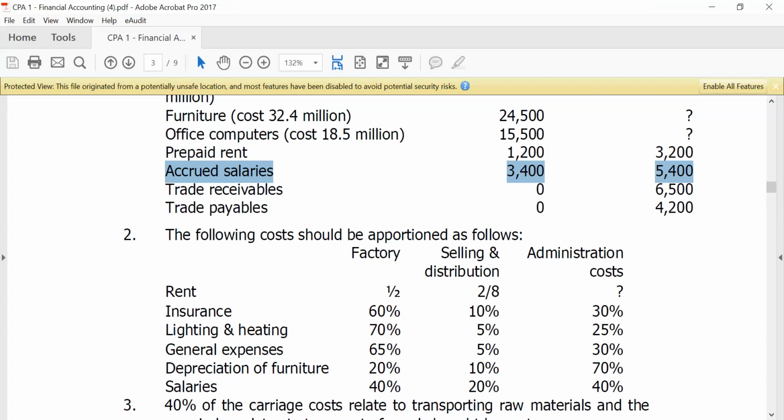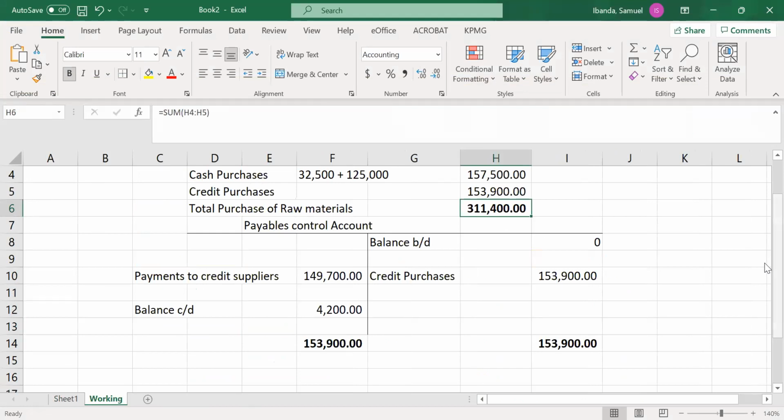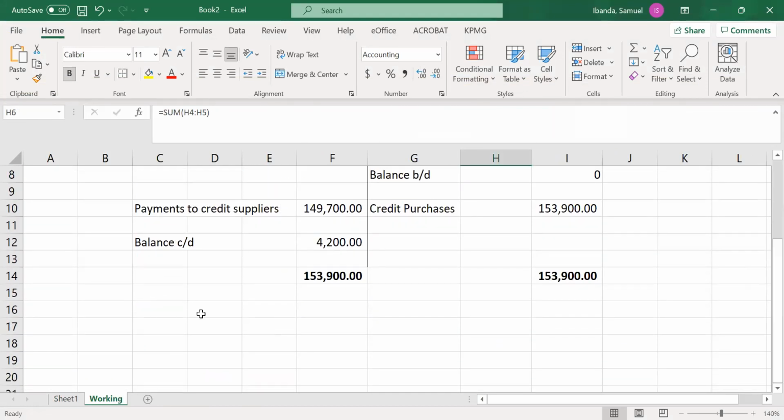I'm going to get down here in my working two. So working two, I want to look at my so-called salaries.